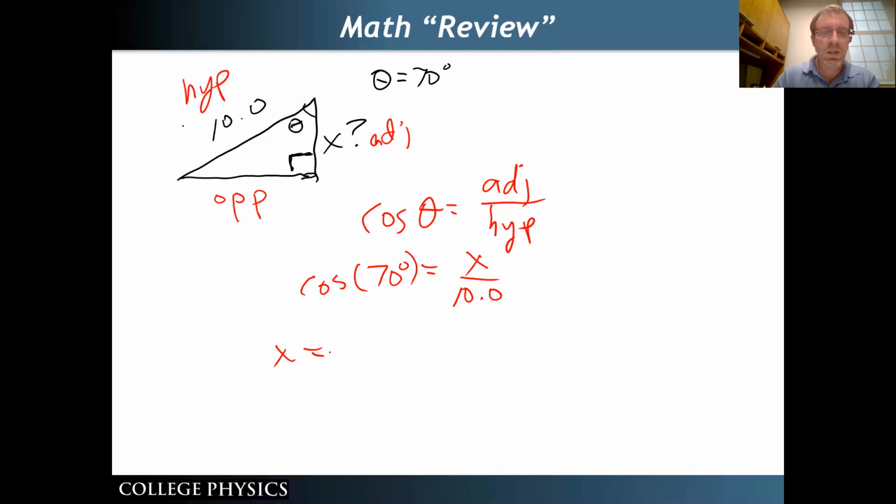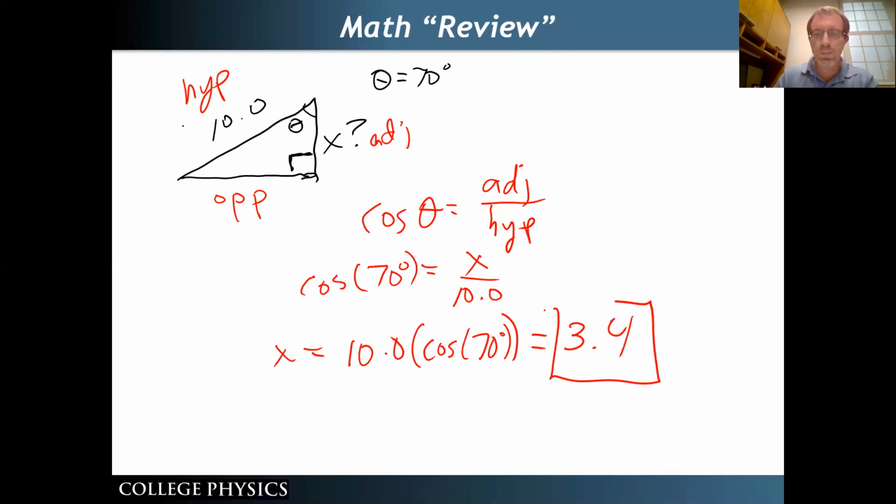Multiply through by 10, I get x is equal to 10 times cosine of 70 degrees. When I plug that into my calculator, I should get x is equal to 3.42, I guess, because I gave 2 sig figs there, 3 sig figs there. Maybe I should have left it as 3.4.